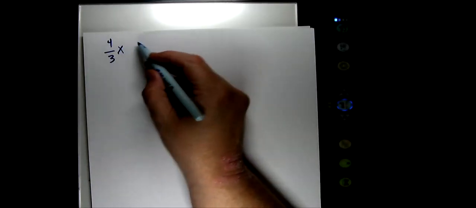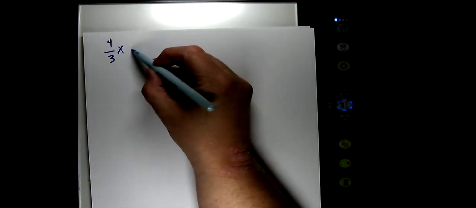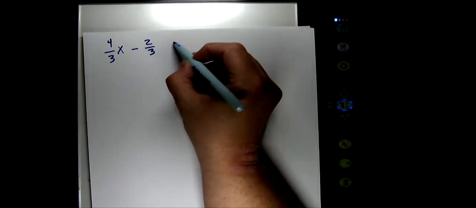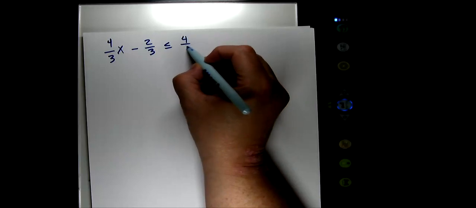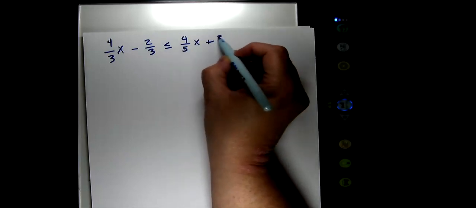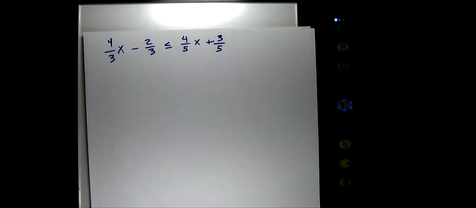4/3 x minus 2/3 is less than or equal to 4/5 x plus 3/5. So we got fractions. What does Hefe say to fractions? Get rid of them.